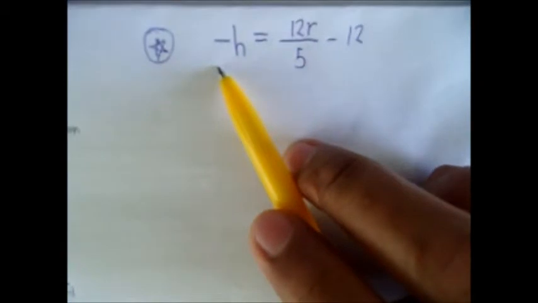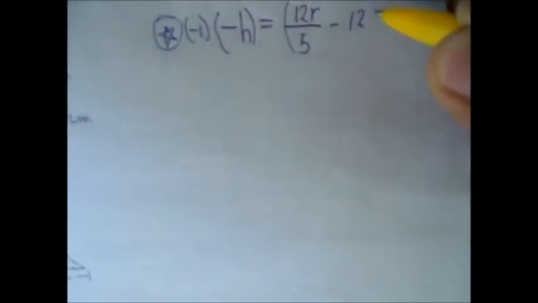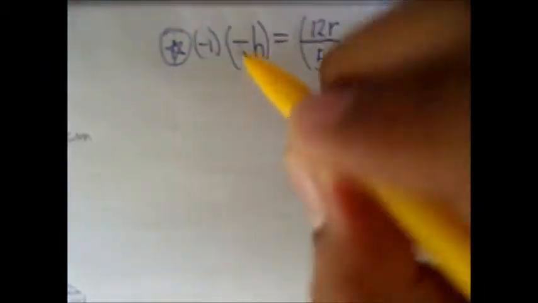Since it is not really simplified, we need to multiply both sides by negative 1 so that we can create a positive h. Negative 1 times negative h is equal to h, and by the distributive property, we have negative 12r over 5 plus 12.